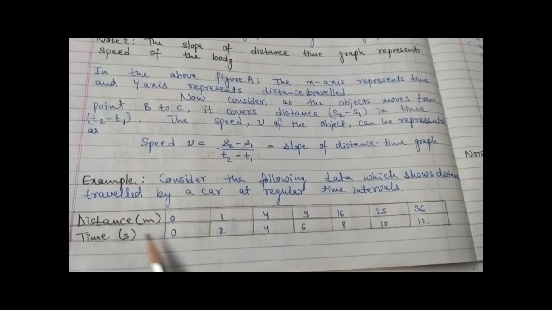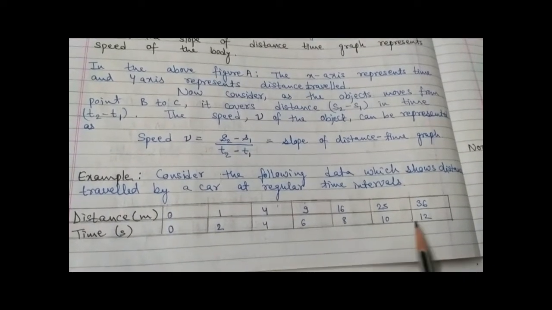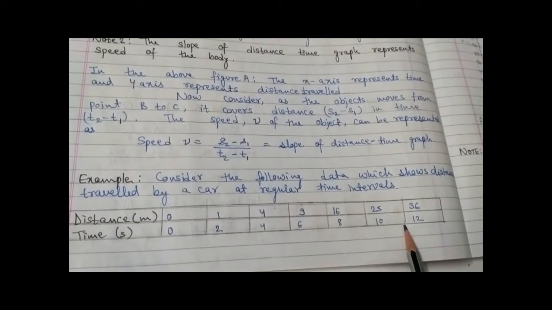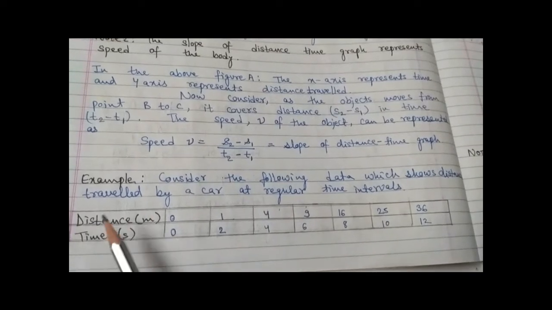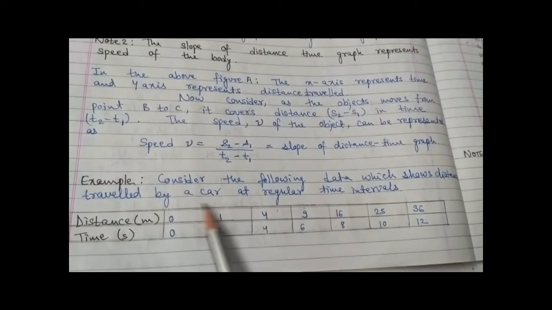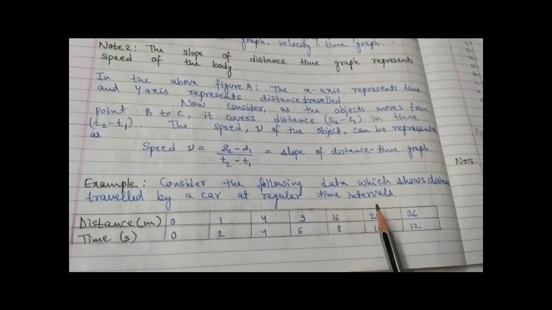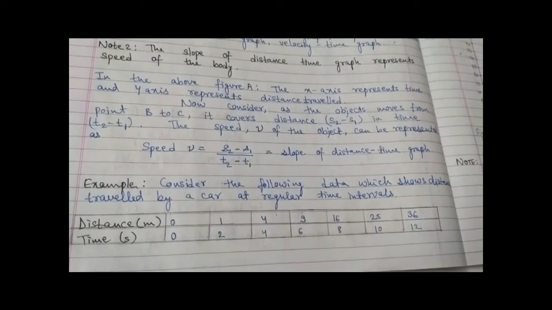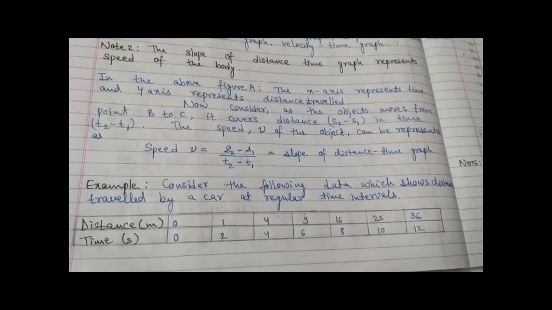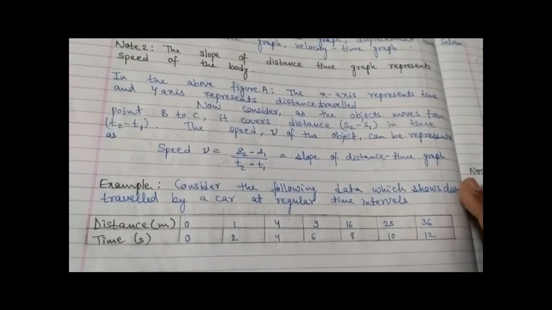The time interval is increasing uniformly with equal time intervals, but the distance is not increasing with equal amount, isn't it? That means this is the case for non-uniform speed.